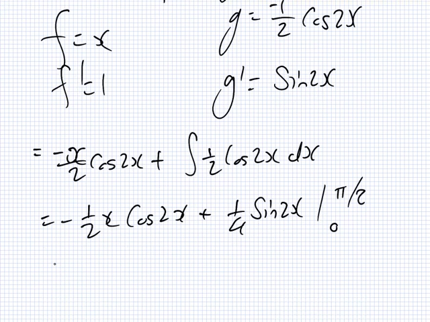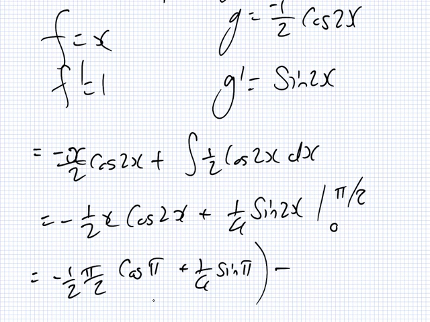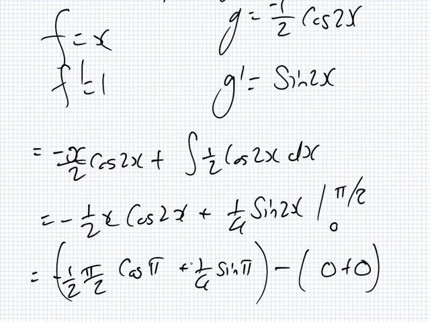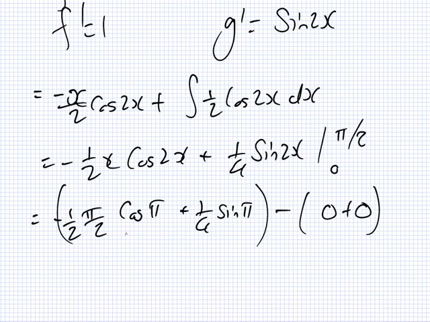When you put pi over 2 in here, you get minus a half times pi over 2 times cos pi plus a quarter sine pi, and then when you put in 0, that's definitely going to be 0 and 0. So cos pi is minus 1, and minus makes it plus, so that's pi over 4. Sine pi is 0, so I think it's just pi over 4 is the answer then.